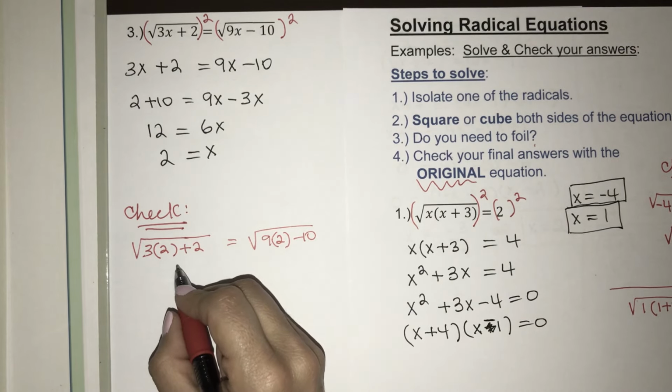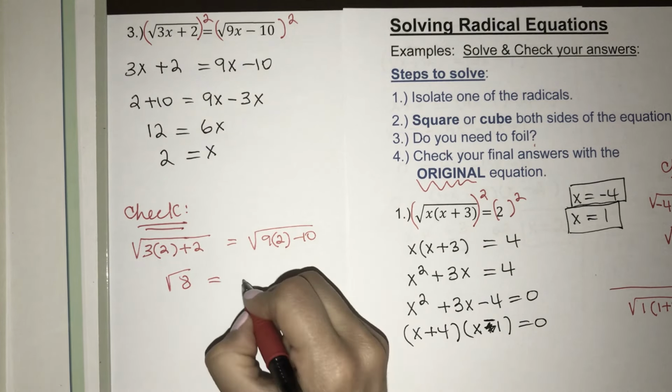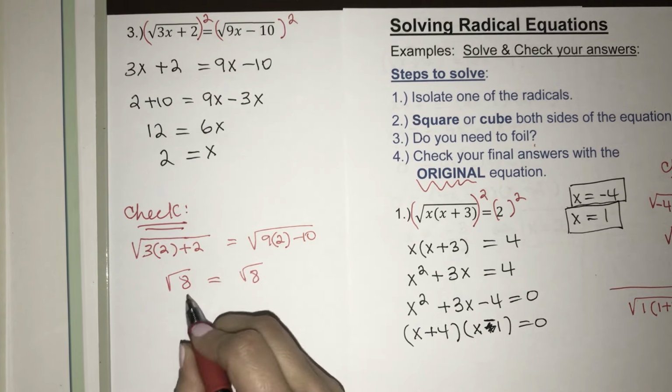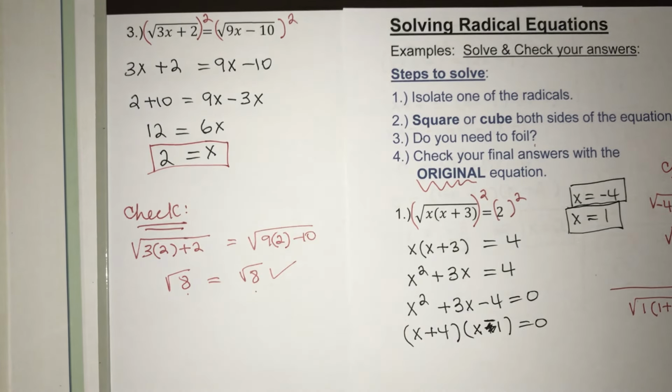So this comes out to be square root of 8. The right side also comes out to be square root of 8. The left side is equal to the right side, so 2 is a solution.